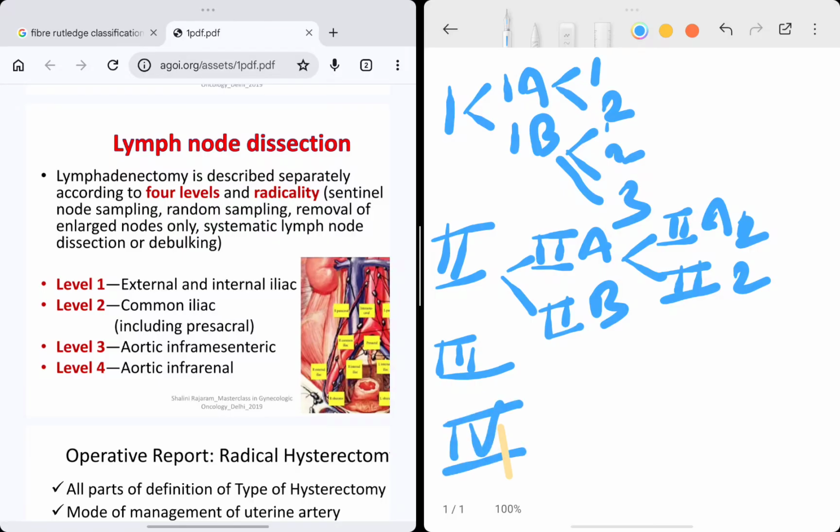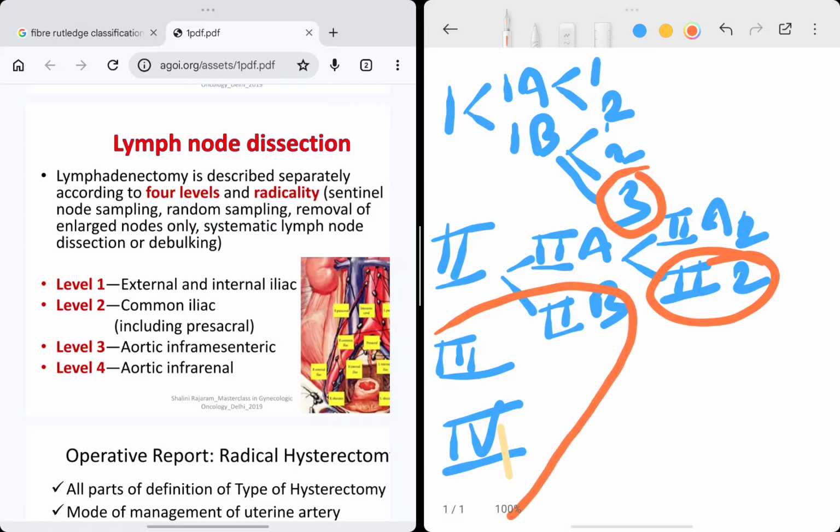So broadly speaking, which stages are larger than 4 centimeters in size, where the tissue or tumor involved is more than 4 centimeters? This is stage 1B3, stage 2A2 and these stages. So the stages other than 1B3 and 2A2 are the stages which come under early stage cervical cancer.